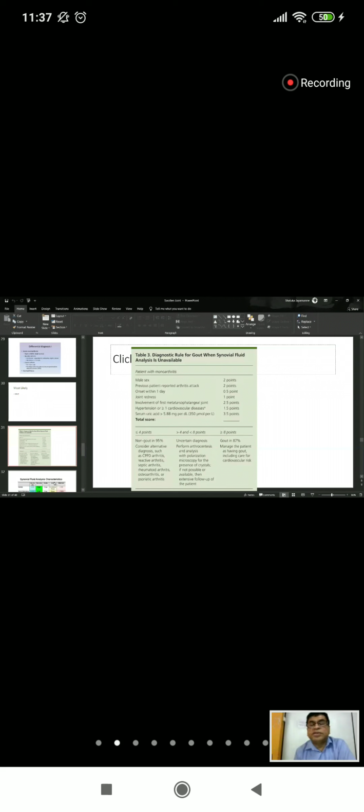Involvement of the first metatarsophalangeal joint, hypertension and other cardiovascular diseases, and a high serum uric acid level of 5.88, which is 350 micromoles per liter. That is an indication that this patient is having gout. At the bottom there is a scoring system. I don't think you'll be really bothered about that. But if you see these features, this becomes the high priority diagnosis on the list.